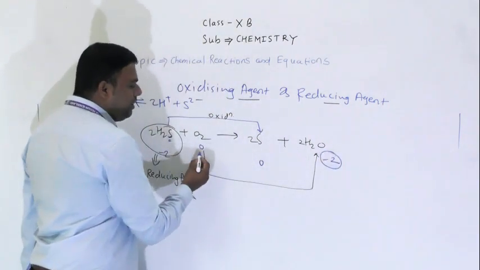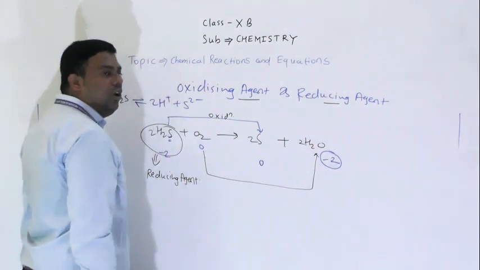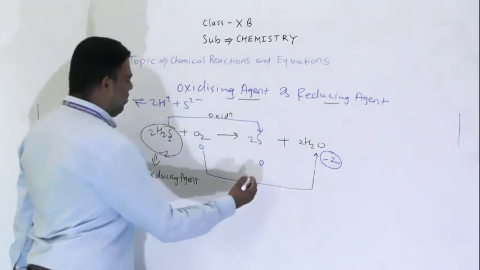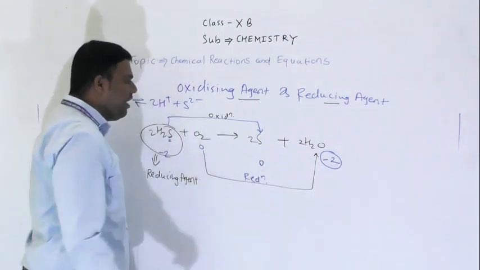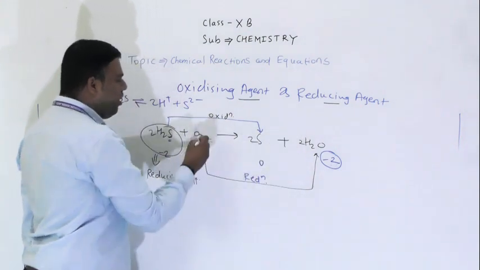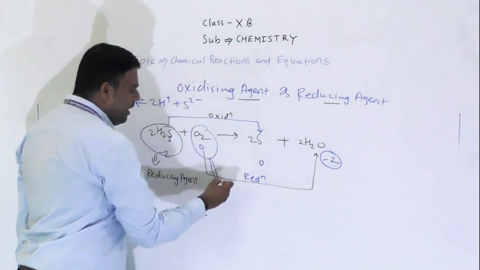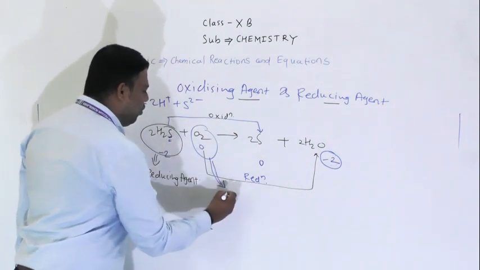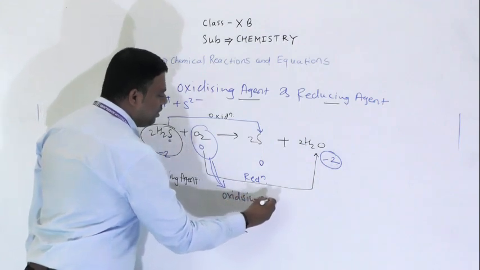So 0 to -2, the charge decreases. Decrease in oxidation number is reduction, so reduction is going on and O2 acts as the oxidizing agent.